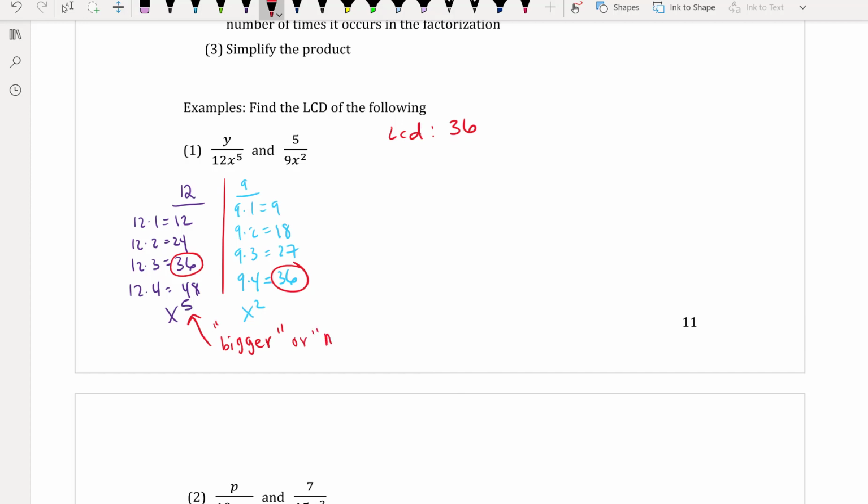So that means I'm going to have an x to the 5th as my LCD. So I have my LCD as 36x to the 5th power. Okay.